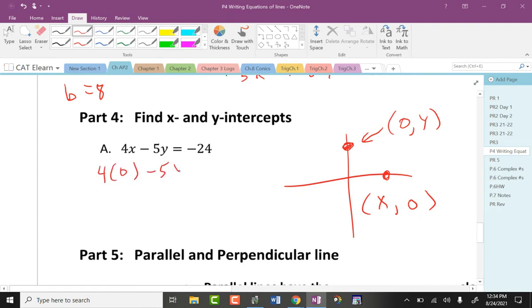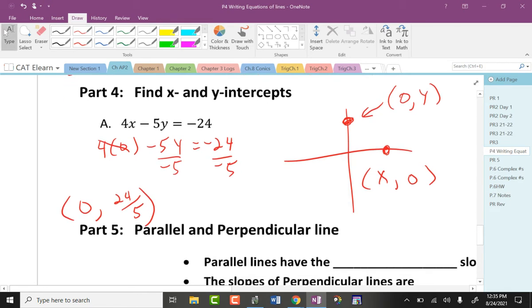Here is the y-intercept, which ends up being divide by -5. So this cancels, and then you divide by -5. So I plugged in 0 for x, and I got 24/5 for y. That is the y-intercept. So I forgot to do this. I skipped over this last hour.